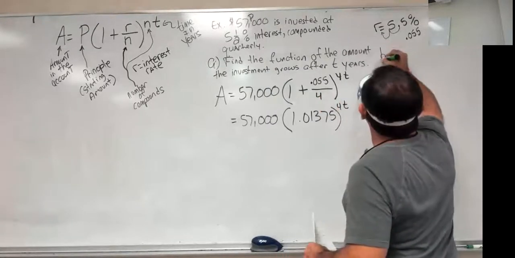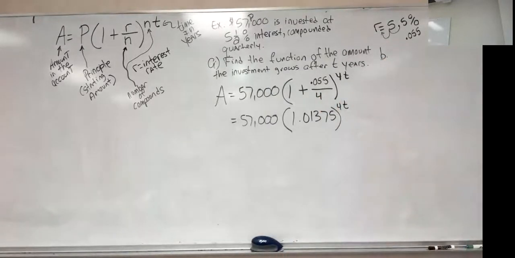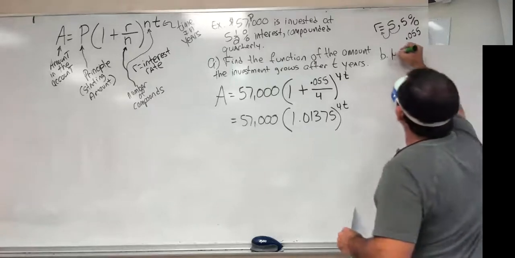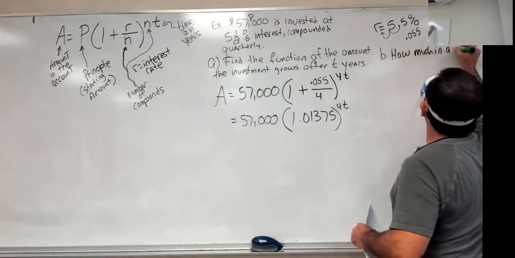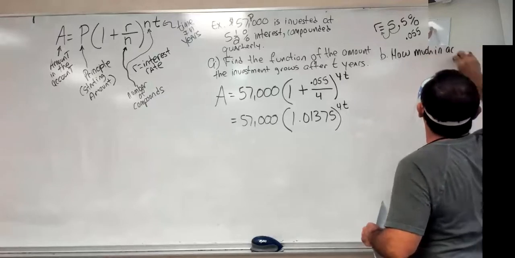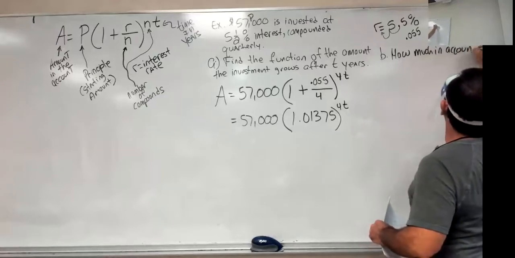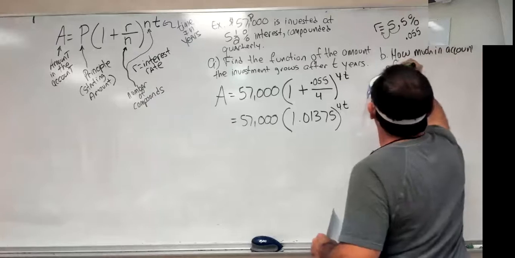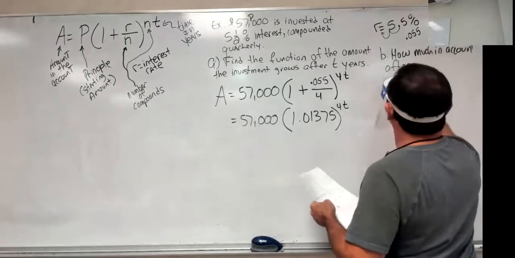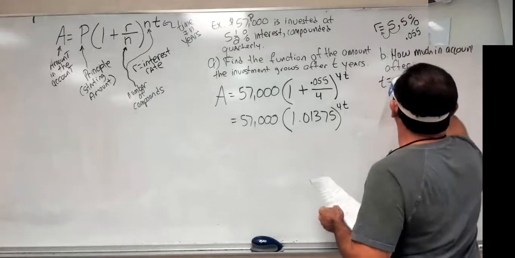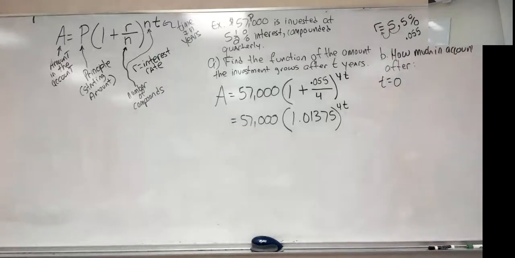All right. So for part B, they want to know how much is in the account at certain years. So how much in the account after, so let's try t equals 0. Well, we know what was going to be in there.